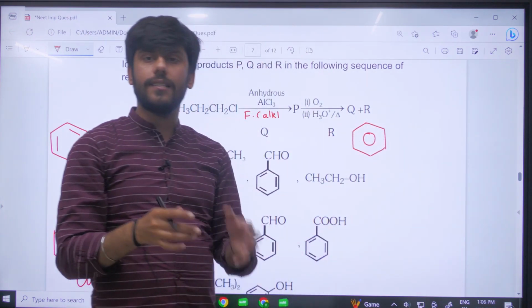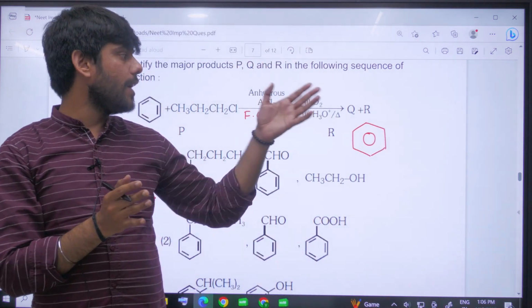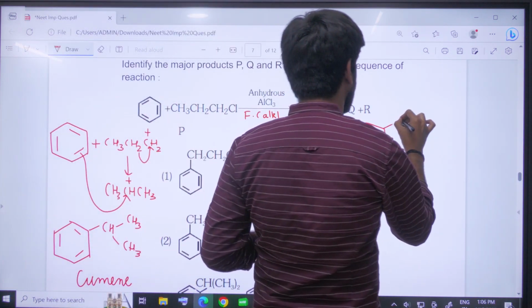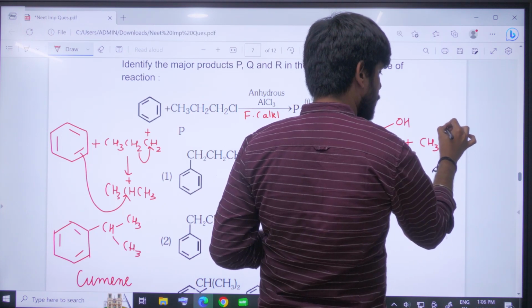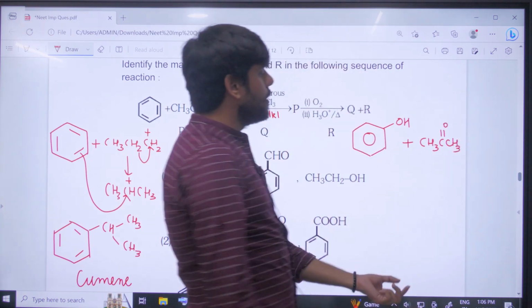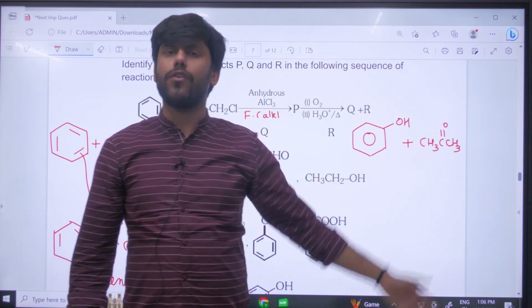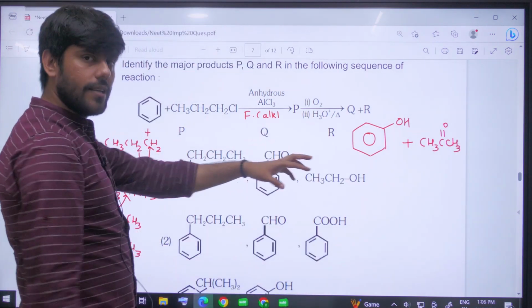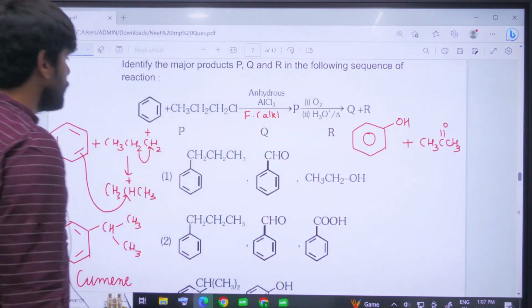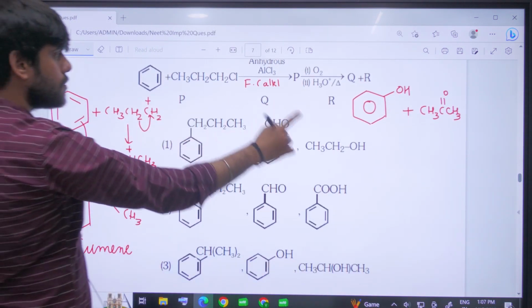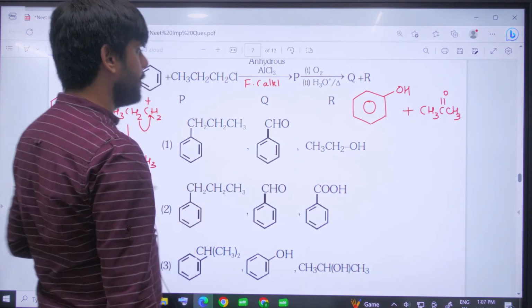Cumene hydroperoxide is the intermediate, which upon hydrolysis gives you phenol and acetone, and we get acetone in fair amount. So we can also call it the preparation of acetone. We will not treat it as a byproduct; we get it in fair amount. So phenol and acetone are the products.